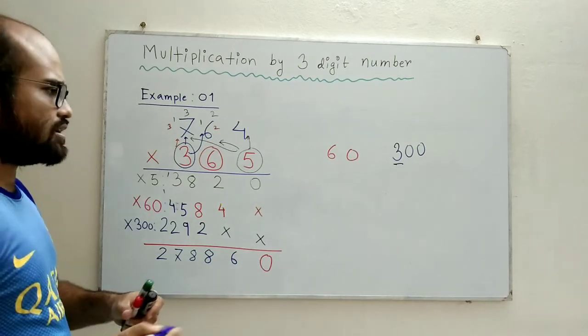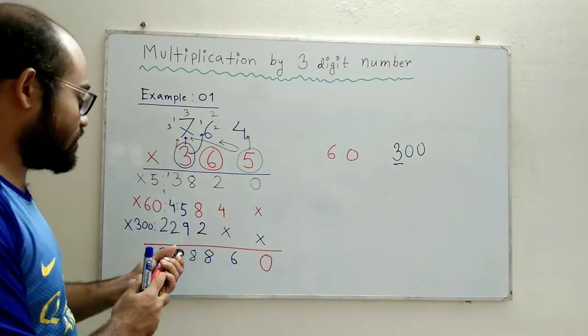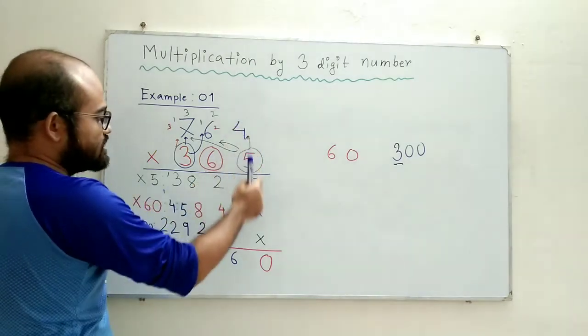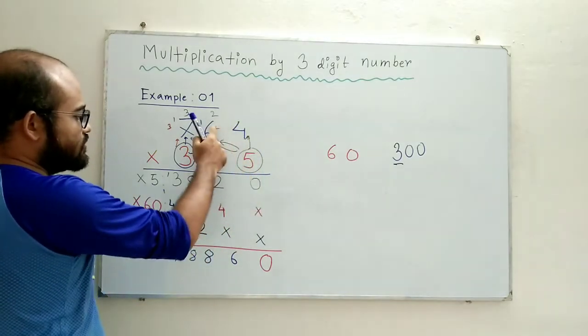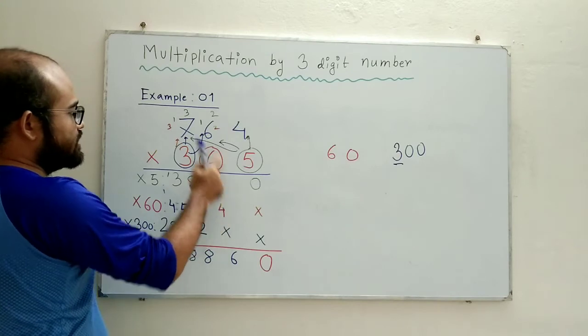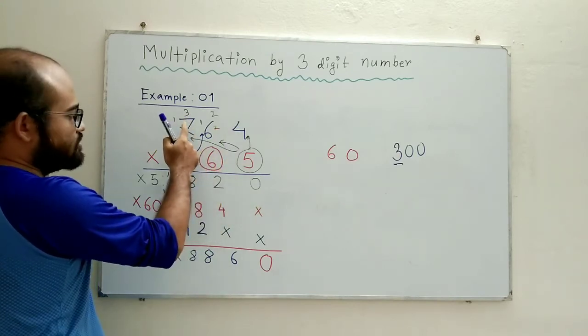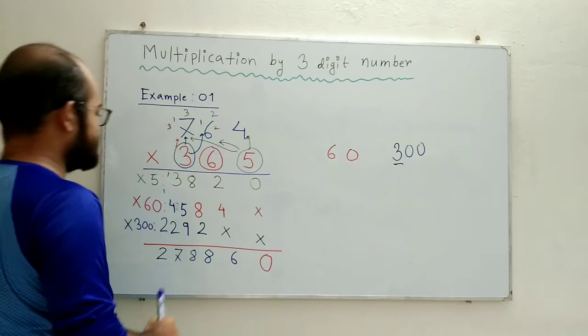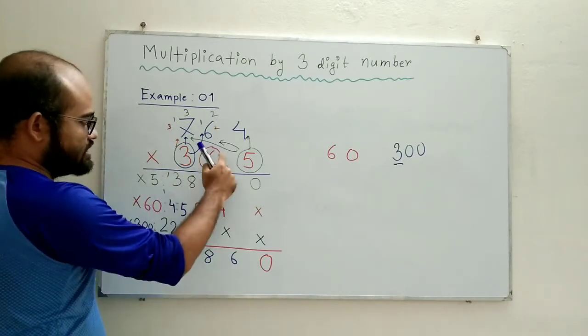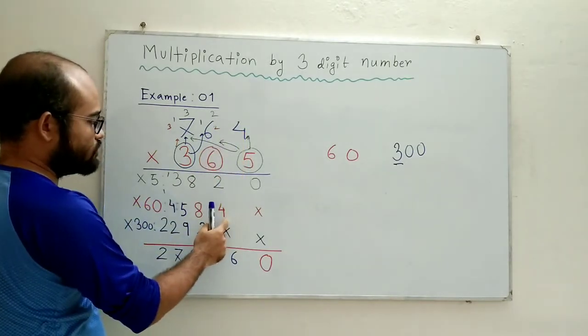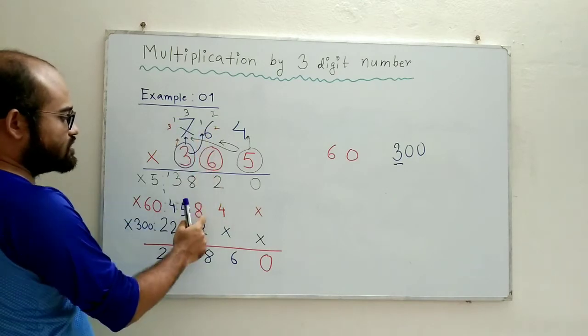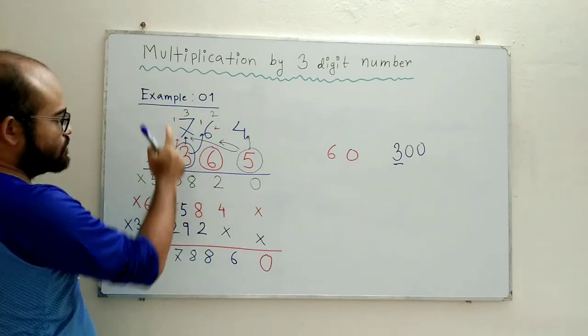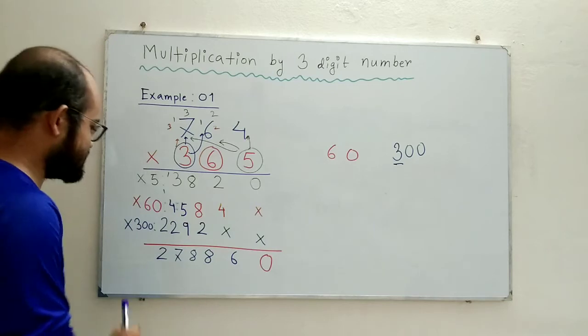So let's check again to see whether the product is correct. 5 4s are 20, 0 carry 2, 6 5s are 30 plus 2, 32, carry 3, 7 5s are 35 plus 3, 38, done. Then 6 4s are 24, 4, carry 2, 6 6s are 36 plus 2, 38, carry 3, 7 6s are 42 plus 3, 45, check.